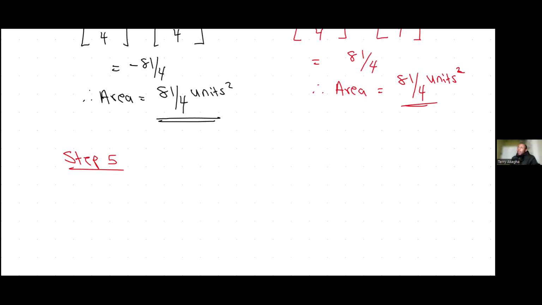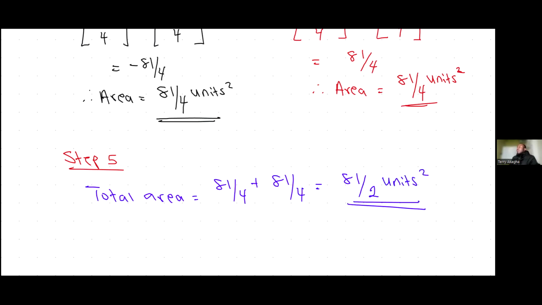So the total area will be equal to 81 over 4 plus 81 over 4, and that will give us 81 over 2 units squared. So that means the area for this is 81 over 2.